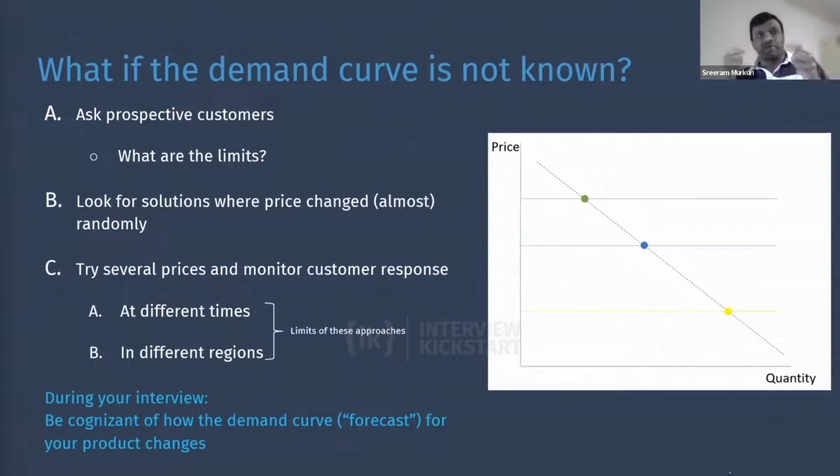Even if you've come up with a price, I'll touch on this later in an exercise, understand how that impacts your forecast and what your pricing could do. There are two dimensions: price and demand. That's the meta point I'm trying to make. When you come up with pricing, don't forget that you're also shaping demand. As a product owner, you own that, so you've got to think of both dimensions, not just price.